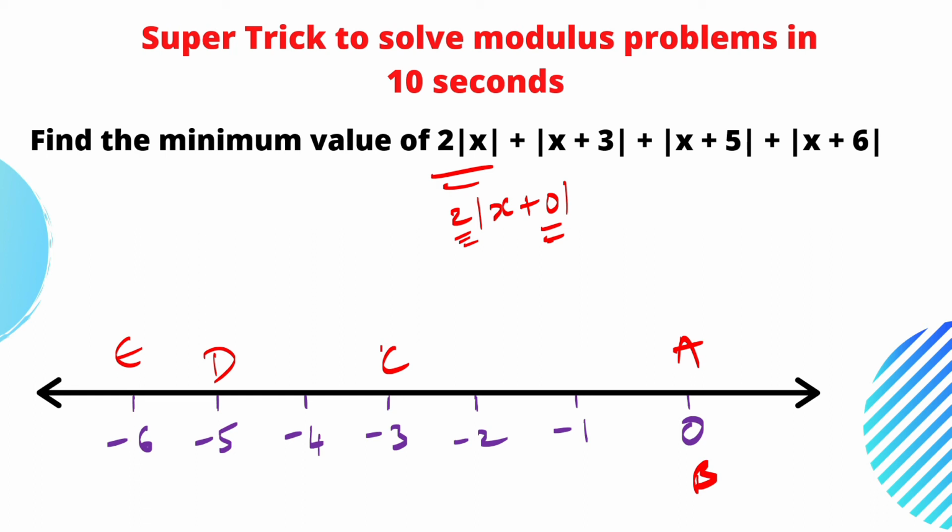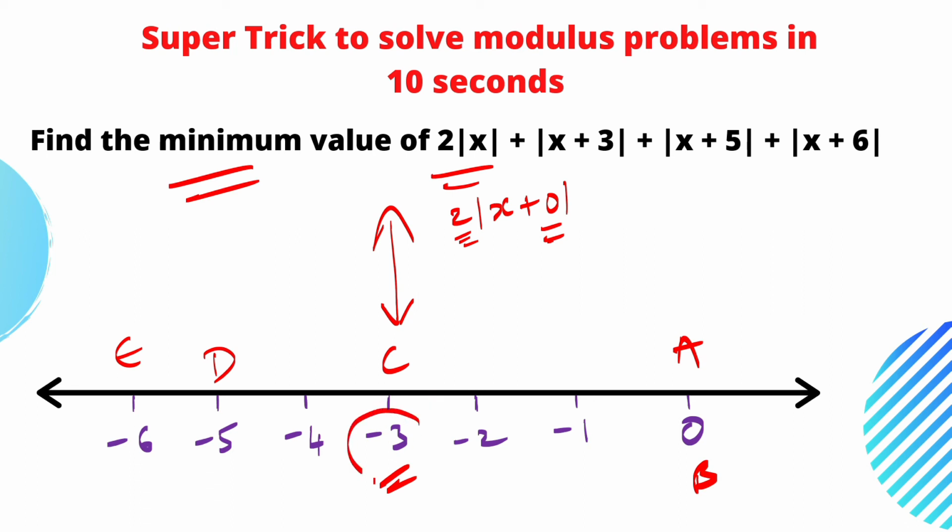Now we can apply that condition. What is that condition? The number of persons to the right side of the midpoint must be equal to the number of persons to the left side of the midpoint. If we assume the midpoint to be minus 3, so if all these guys meet at minus 3, then we are satisfying that condition as well as getting the minimum value.